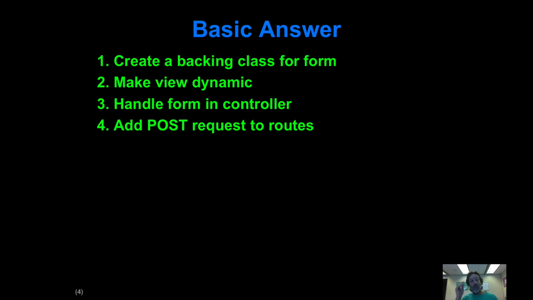The third thing we have to do is, in our controller, we've got to be able to process this form data as it comes in. So we're going to make some modifications to our controller code. And then finally, and most simply, we add to our routes file a post request, because that's what forms do. They create post requests to the server. So let's go through each of these 4 answers now in detail.